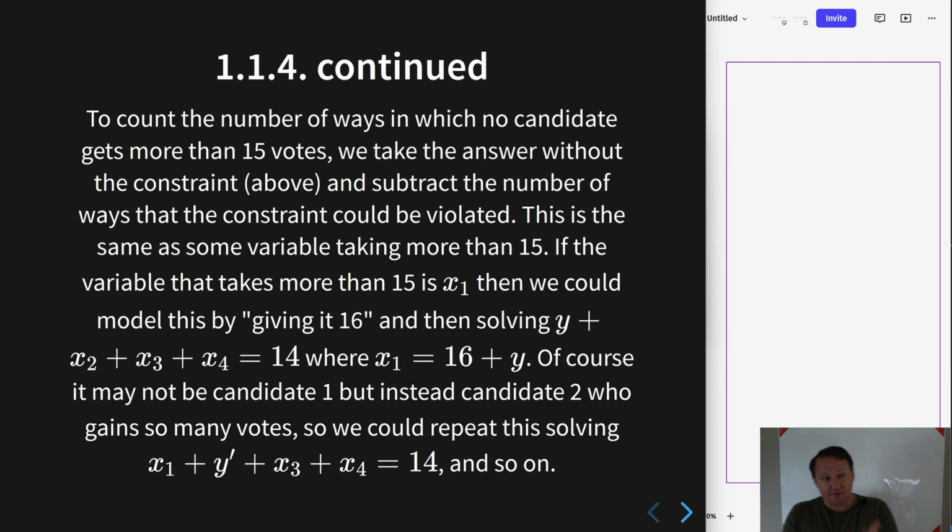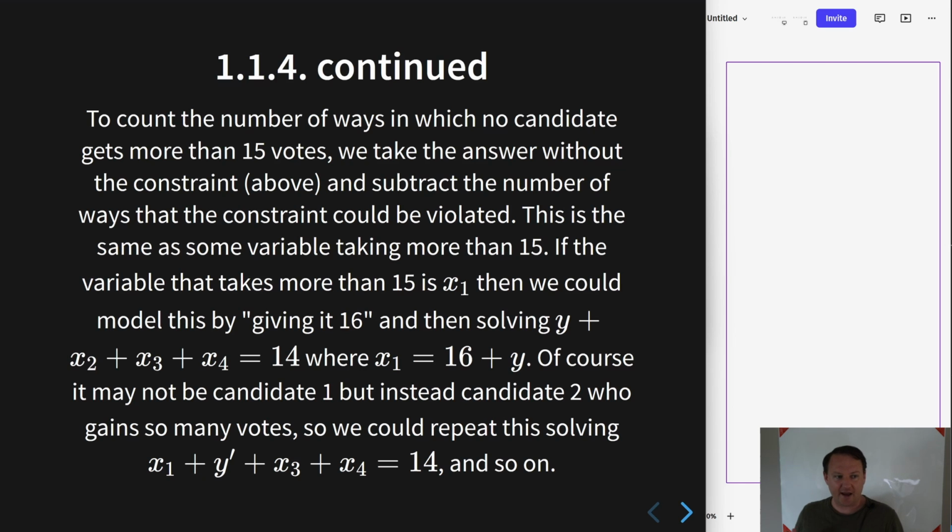Even from that realization, it's still not clear what we do next. One thing we can do is introduce a variable y, and take x1 to be 16 plus y. So y can now take any number. By doing it this way, we guarantee that x1 will take at least 16, possibly more.